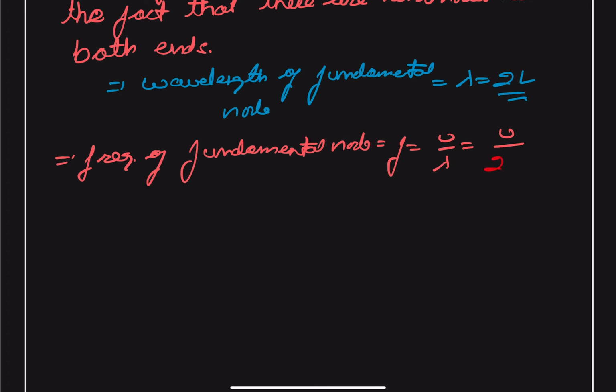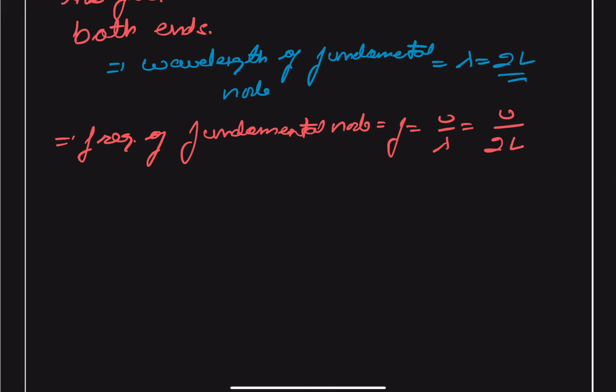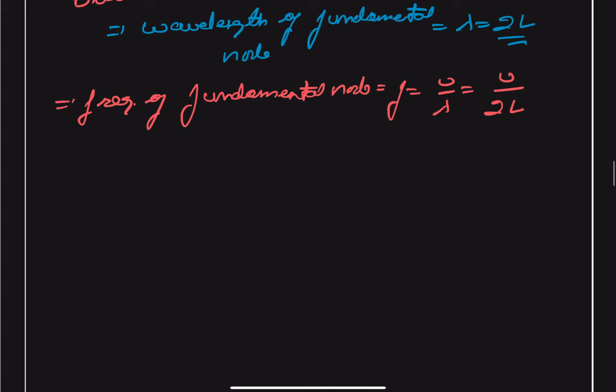Here v is the speed of sound in air and L is the length of the pipe.